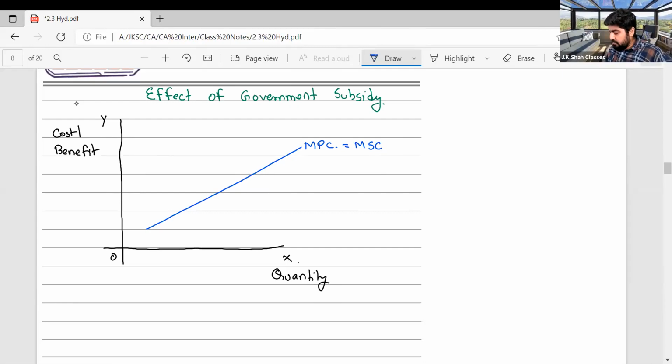This will be MPB, marginal private benefit, equilibrium quantity, equilibrium price. So right now, Shri is able to help Q quantity of students at price P.